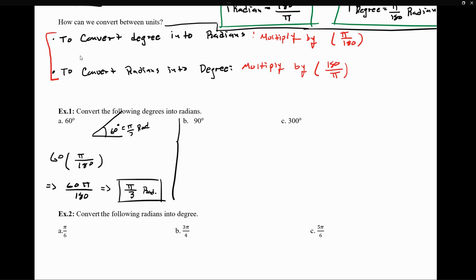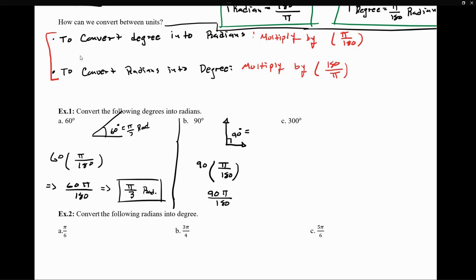Let's do one more conversion. Again, let's take a look at 90 degrees. So let's say we have an openness of 90 degrees. We want to convert this just using radian measurement. All we got to do is take the given degrees and multiply this by the conversion factor, where again the conversion factor is pi over 180. So this is just equivalent to 90 pi over 180.